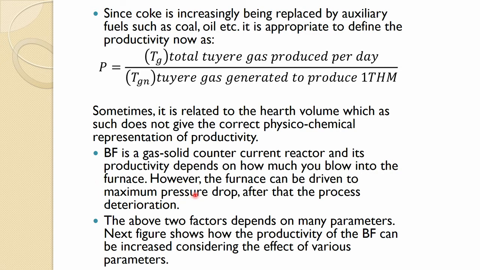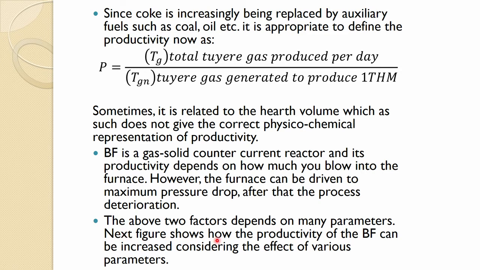There is a maximum pressure drop across the whole furnace, and above that, the furnace will deteriorate and your productivity will decrease. The above two factors depend on many parameters.